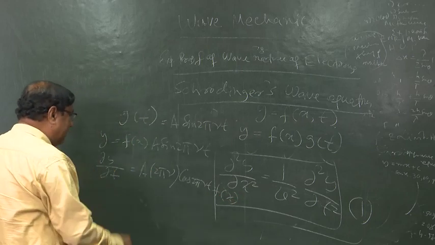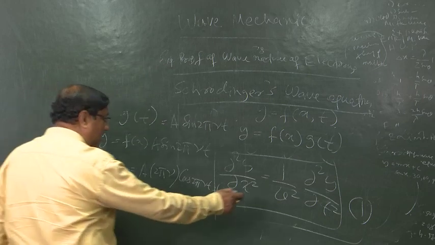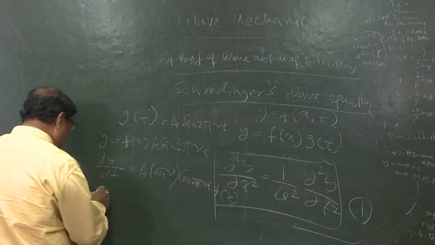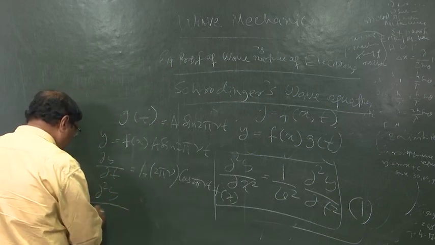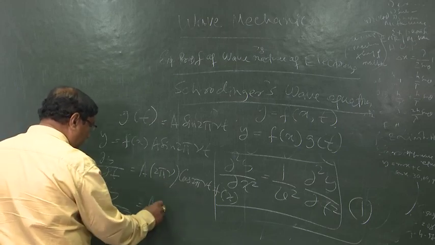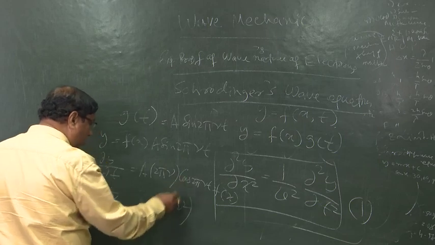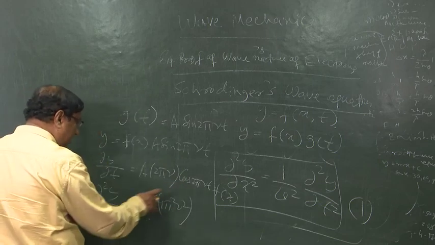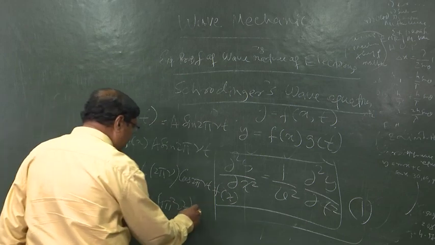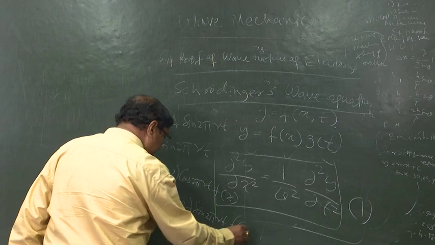Now again differentiate with respect to t, so that we get d square y by dt square. It will be equal to how much? It is equal to a into 4 pi square mu square, then cos becomes sine. If you differentiate cos, it becomes negative sine. So we get minus 4 pi square mu square a sin 2 pi mu t into f(x).